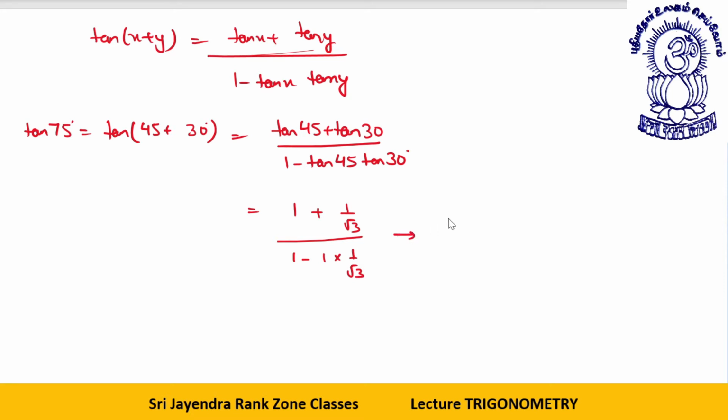This will be what? This will be root 3 plus 1 upon root 3, root 3 minus 1 upon root 3. Root 3 and root 3 will cancel. So tan 75 degree will be root 3 plus 1 upon root 3 minus 1. Clear to everyone? Okay. Next thing.